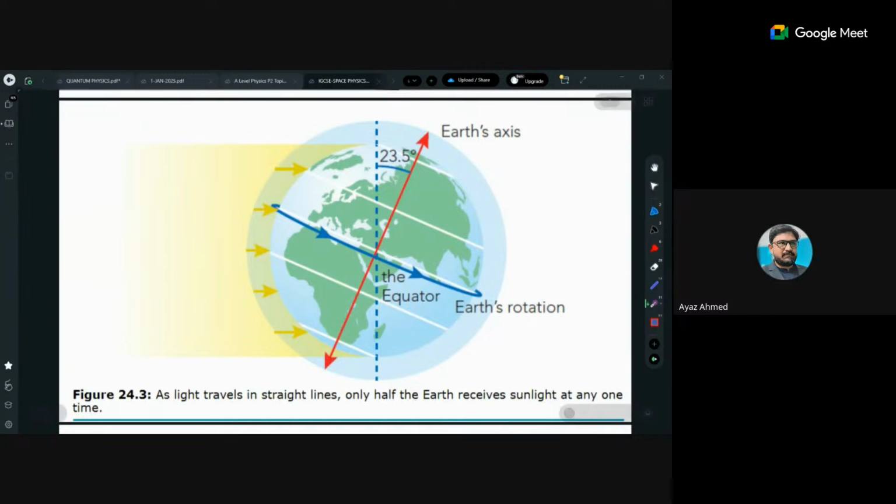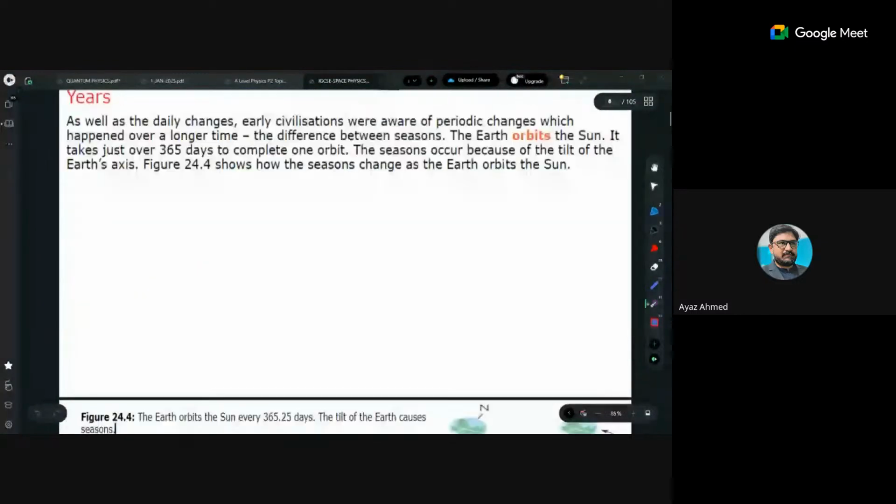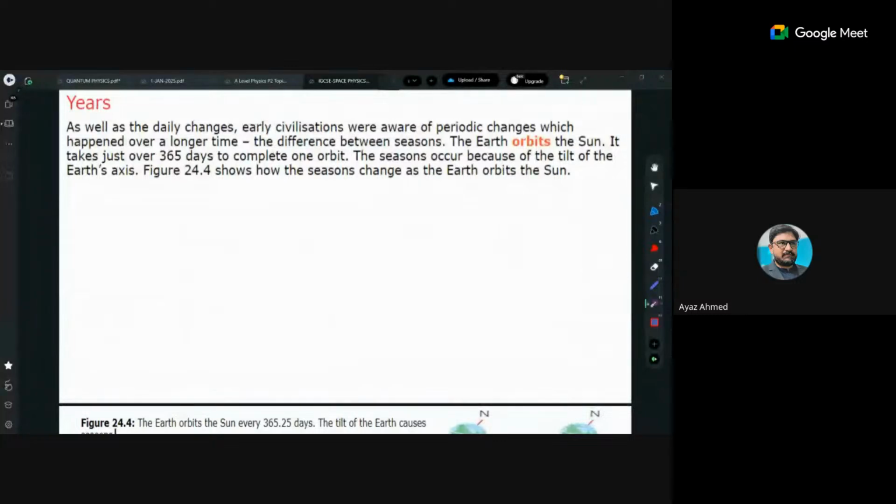So somehow this would be the situation, and the years were formed when the earth was orbiting around the sun. Okay, and it takes 365 days, and due to that, yes.